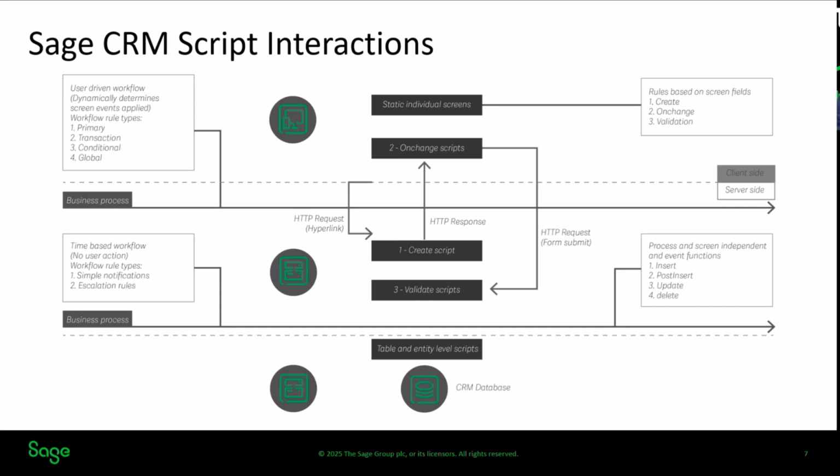We are going to see in a moment a create script. We're going to see that this is a field level script defined against an individual field within a screen. Create scripts are executed on the server as the screen is assembled. In the case of our mobile theme, it's assembled to generate the XML that will then be processed to create the interface that we're interested in.